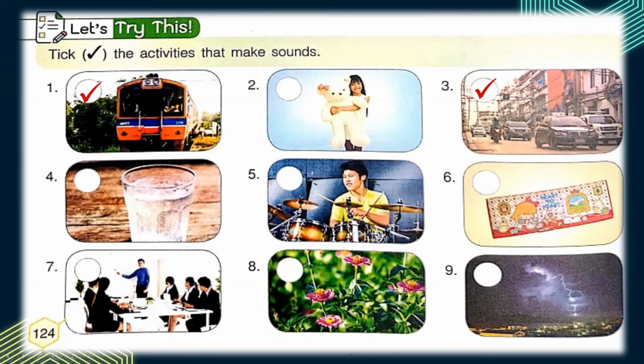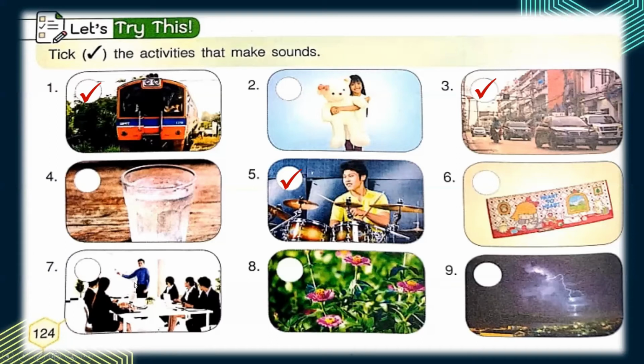So of course, it makes sound. And for number 6, we can see here a paper wallet. Can this produce sound? No.